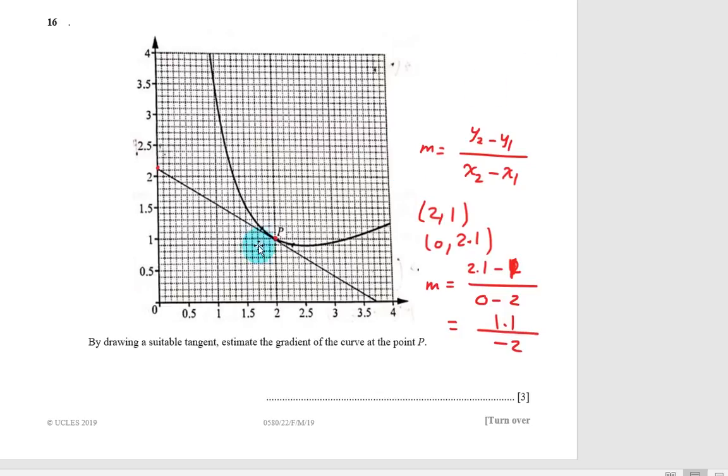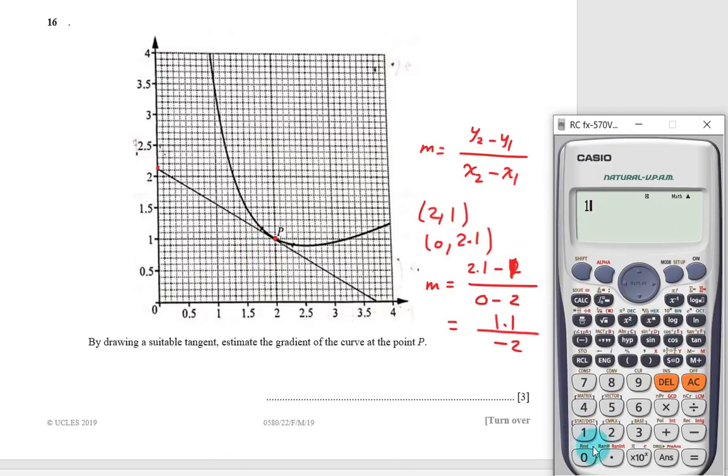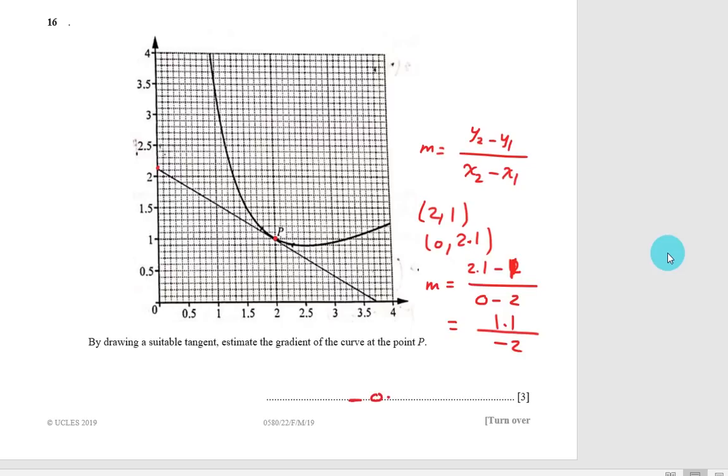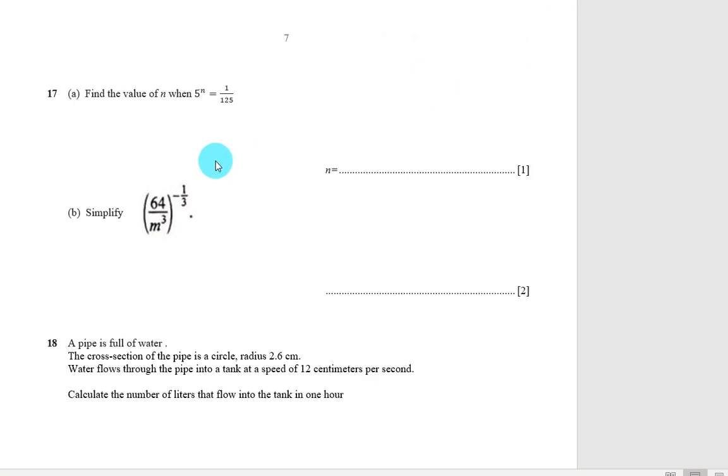So 1.1 divided by 2, the answer will equal minus 0.55. So the gradient here, M, is equal to minus 0.55. Okay? Let us go ahead to another question.